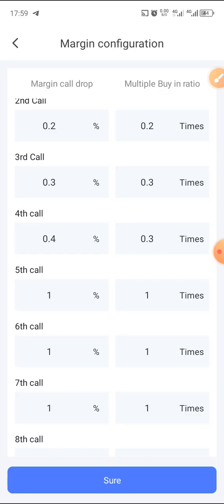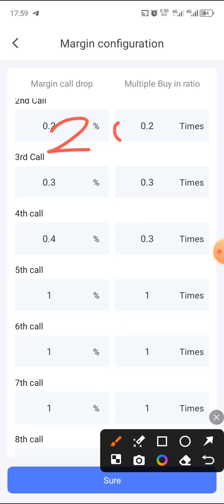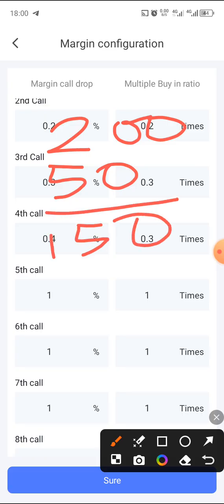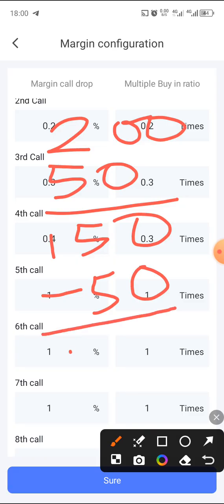Like for instance, this example is of a person using $200, and currently we are remaining with only 100. Remember, we had 200 minus the first buy, which was 50, giving you 150. Then this 150 minus 50, which went into the 4 margin calls, meaning we are left with only $100.